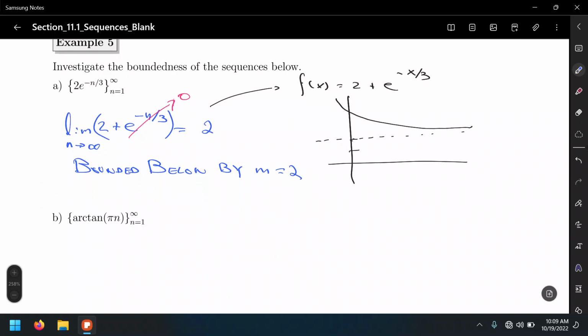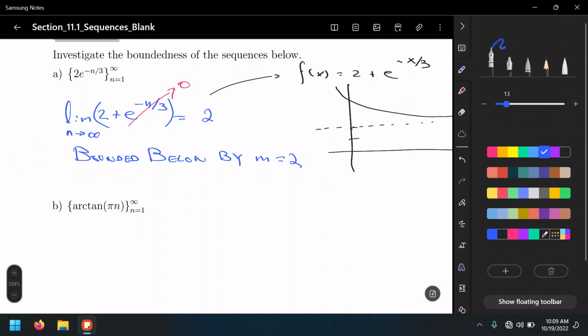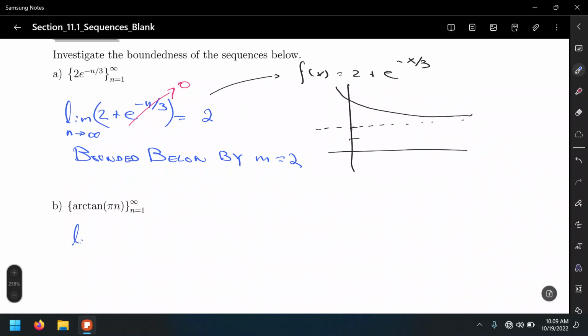Arctan of n pi. All right, so let's write this as a limit problem first. Limit of arctan of pi n as n approaches infinity. And well, where is the arctan function going to go for positive values of infinity?